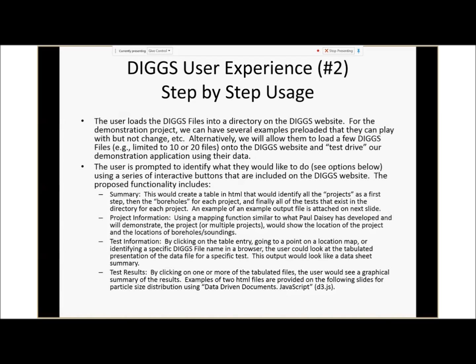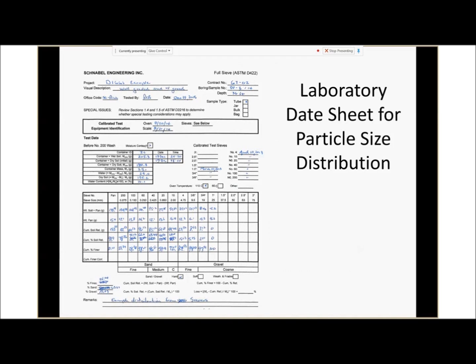The first is that, and this goes back to the exercise that Dan and I went through in him developing the schema, fine-tuning the schema. Alan, I took one of Schnabel's standard laboratory forms and populated it with real data. That's what's shown in blue.